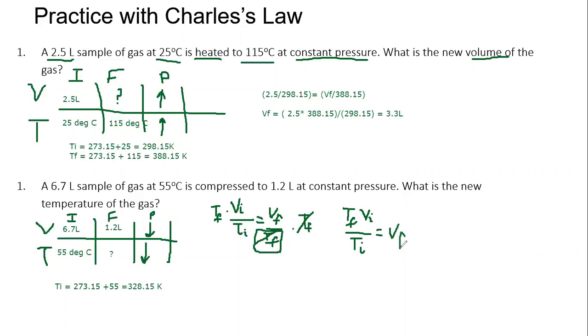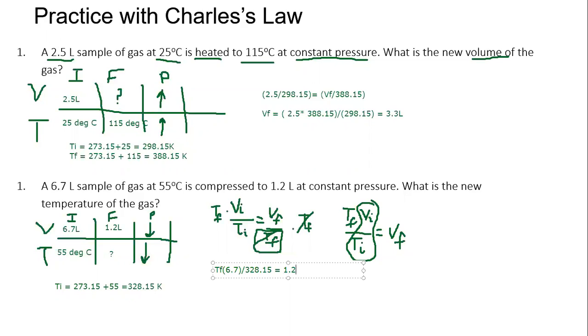Now you can continue to reduce it and move stuff to the other side, but what I want to do is put in numbers, and then at the end we're going to move this number to the other side. So we have T final times V initial divided by T initial, and then we have it equal to V final, which is 1.2.